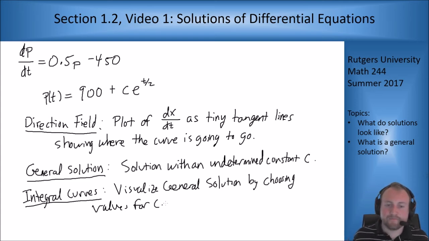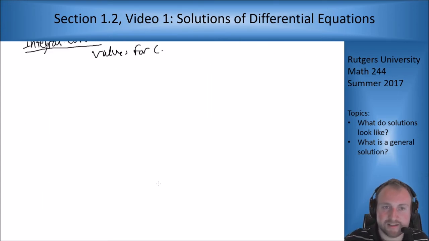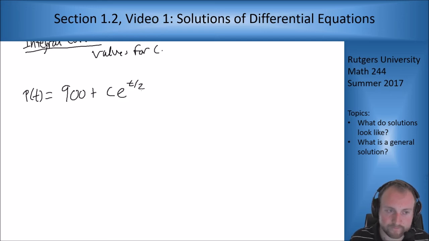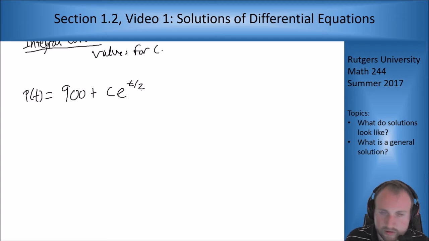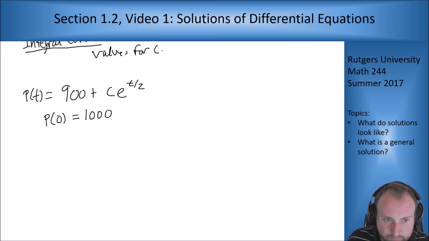All right, so we have this setup here, but now how do we actually pick the value of c? Well, that means we need to know a little more information. So what if, for instance, like how I set up the Maple code before, we also knew the value at t equals 0? What if we had that p of 0 was 1,000, which is one of the curves that we drew on the Maple sheet?